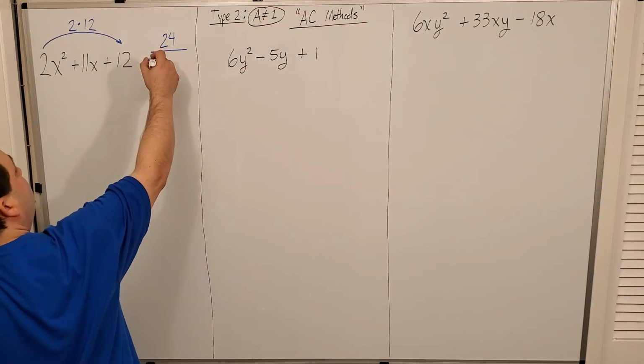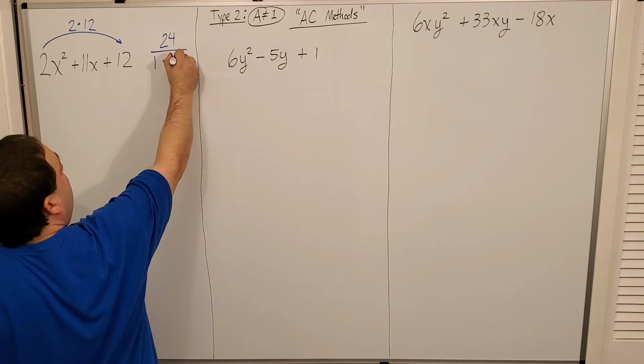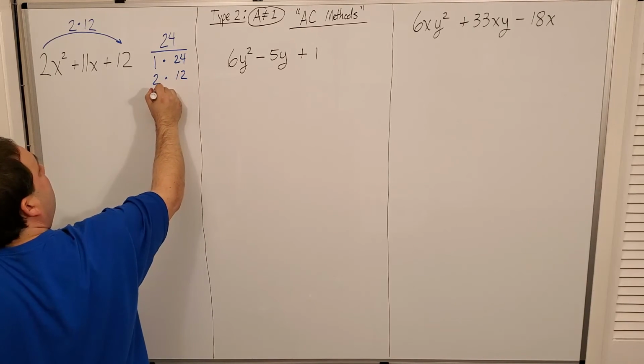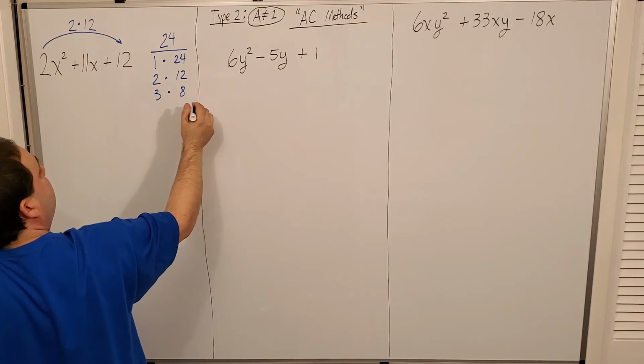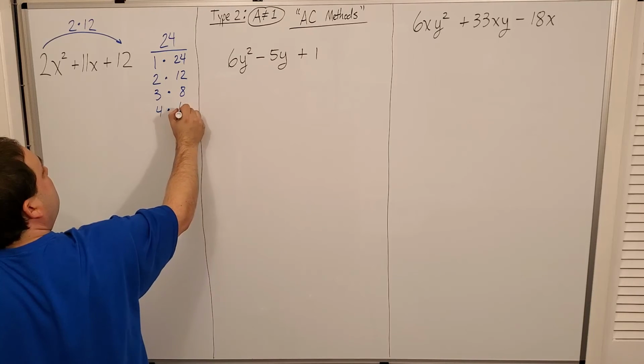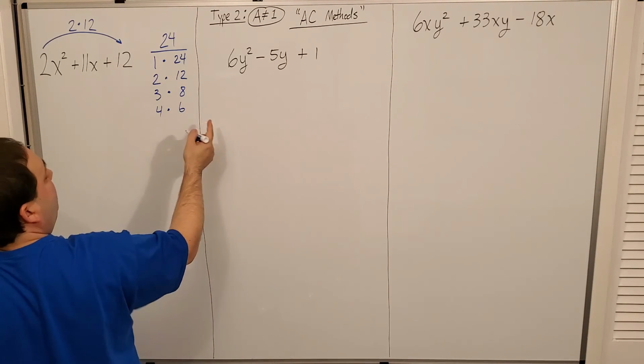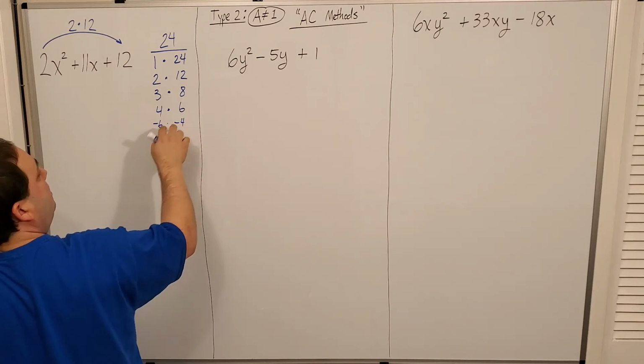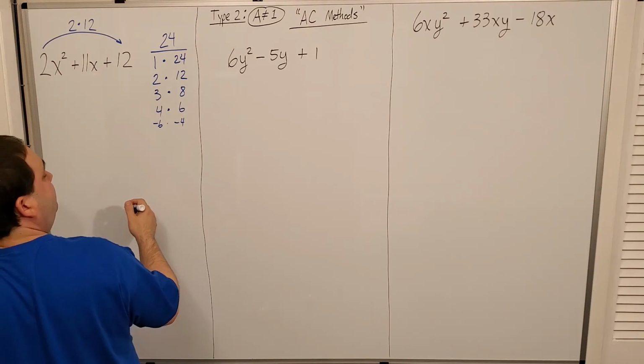Let's count, right? 1 times 24, 2 times 12, 3 times 8, 4 times 6. And then 5 doesn't go, so 6 goes. So then I'm just repeating, but now with the negatives.